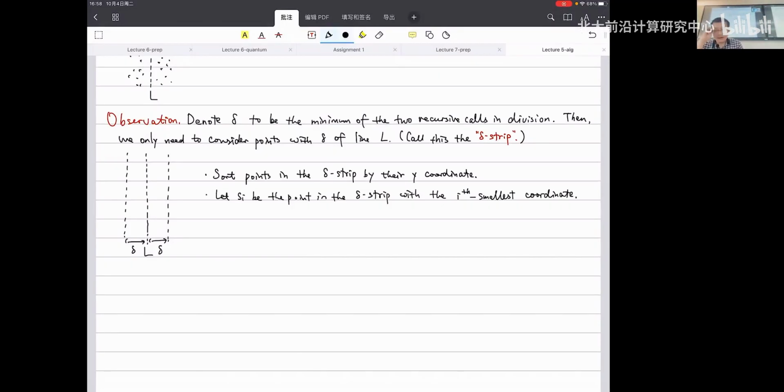So here we are looking at things inside, and we want to have a good sense about the points, the vertices, inside this delta strip. Roughly speaking, you cannot have super close vertices like this. Why is this the case? Because we have successfully run the algorithm on the left-hand side and the right-hand side, and we called this delta the minimum of the two recursive calls in division.